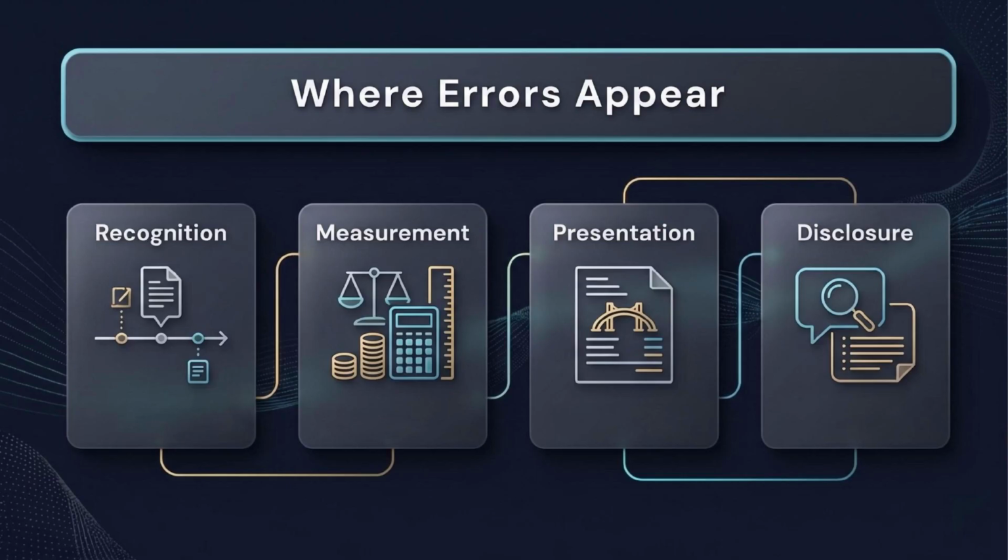Disclosure errors happen when the numbers may be correct but required information is missing from the notes. This is important because students often think an error must be a mathematical mistake. Not true. A missing disclosure, wrong classification, or incorrect recognition decision can also create an error that matters to users.